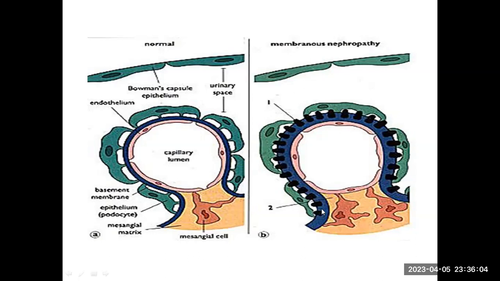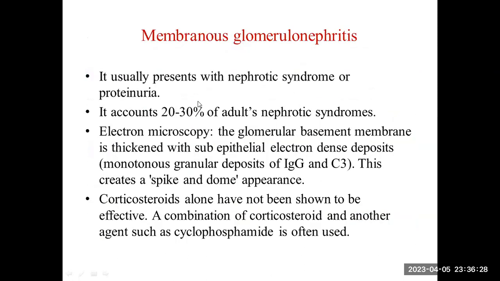And as you can see, there are some gaps between the deposits. These immunological deposits, along with the gaps between the deposits, give you the characteristic appearance called spike and dome appearance. The dome is the deposit, and the spike is the gap between the deposits. And this is characteristic for membranous glomerulonephritis. This is on electron microscopic examination.